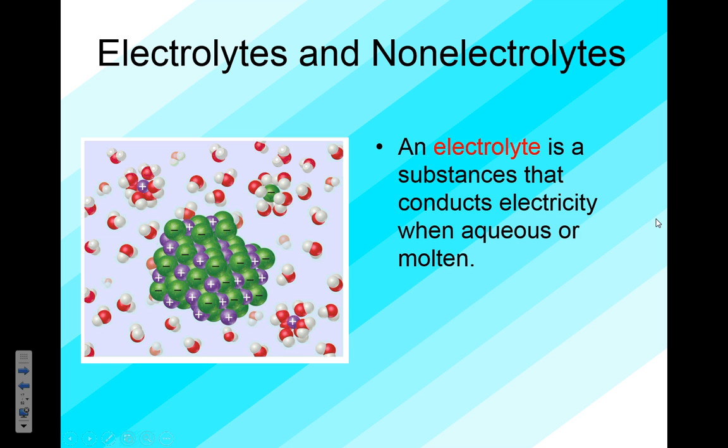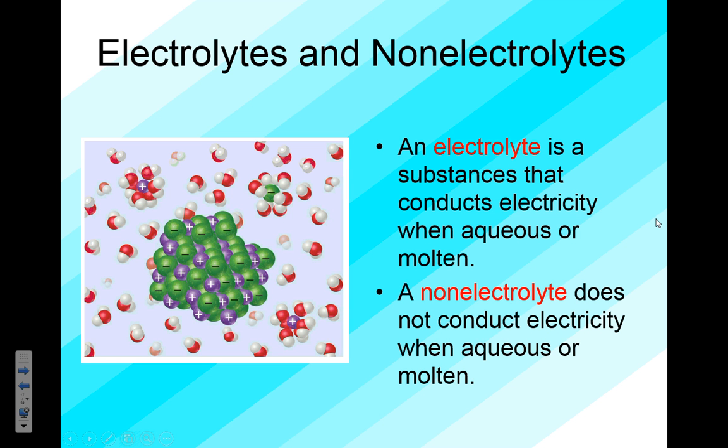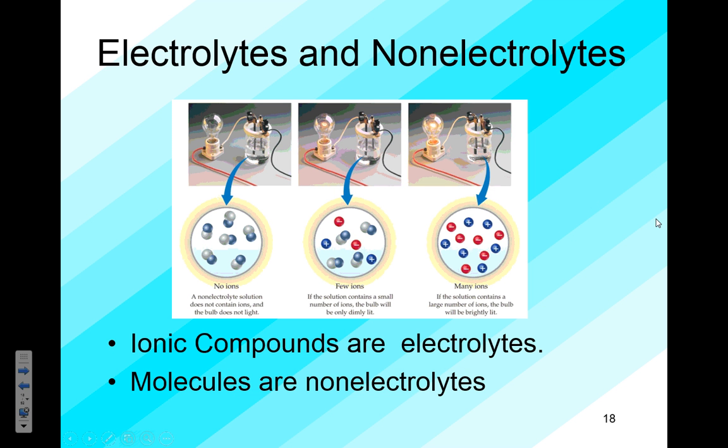On the flip side, molecular substances dissolved in water don't allow for the movement of electrons because they don't have a charge to be attracted to. So non-electrolytes don't conduct electricity in their aqueous or molten form. Ionic compounds dissolved in water will cause it to conduct, so ionic compounds are always electrolytes.